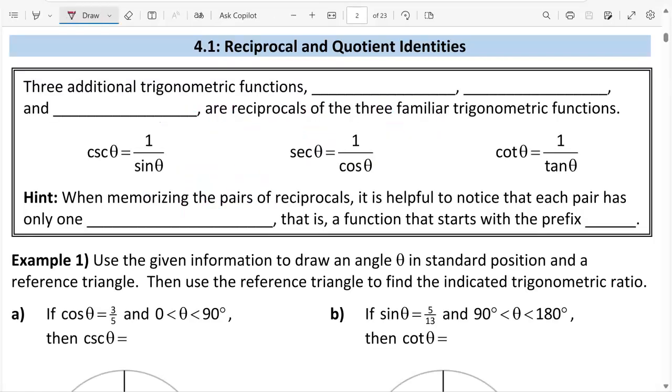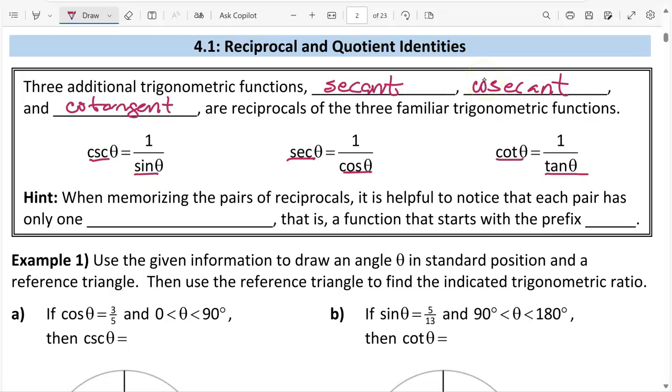In addition to the 3 main trig functions, sine, cosine, and tangent, there are 3 additional ones, and their names are the secant function, S-E-C-A-N-T, the cosecant function, and the cotangent function. They're reciprocals of the 3 familiar trig functions. Cosecant is the reciprocal of sine, secant is the reciprocal of cosine, and cotangent is the reciprocal of tangent.